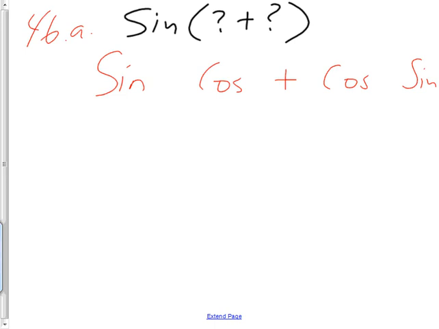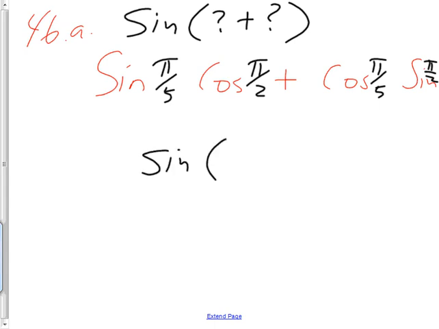And what are the two somethings? If it's pi over 5 and pi over 2, then those are the two things. So it's sine of, what is alpha and beta? They go here. Alpha and beta. Okay, what's alpha?